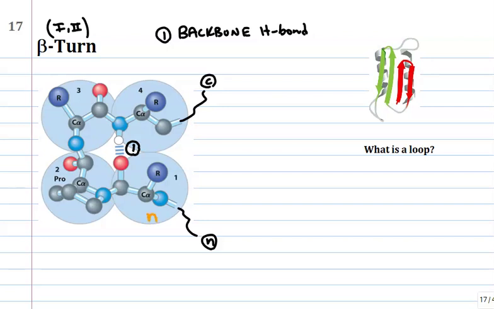Let's say this is amino acid N. There's the carbonyl of amino acid N. This is N plus 1. This is N plus 2. This is N plus 3. So it looks like the backbone hydrogen bonding in a beta turn is N plus 3. And again, this looks like an ideal hydrogen bond. All right. Does that stabilize the beta turn? Yes, it does stabilize the beta turn.